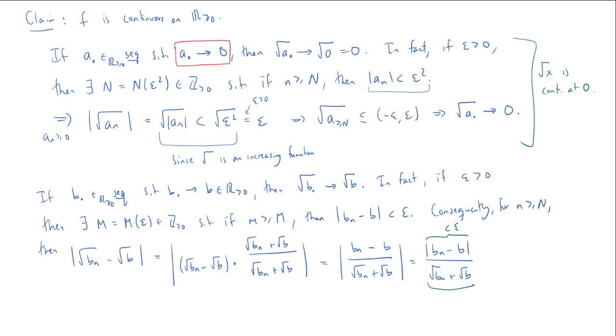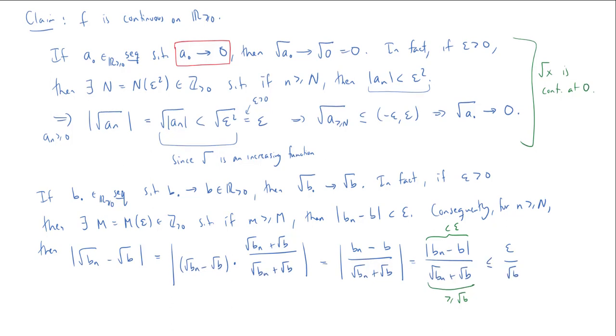So this bit down here is at least as big as the square root of b. So if I replace the numerator with epsilon, it will make the fraction bigger. And if I replace the denominator with the square root of b, that makes the denominator smaller, which makes the fraction bigger.